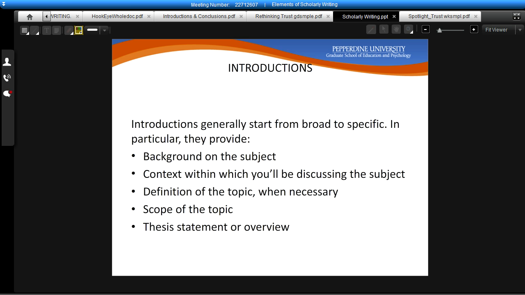A lot of times some of these concepts, especially in your particular division, if it's education or psychology, you might automatically assume that your readers will know what you're talking about. Maybe your instructor does. However, it's important to assume that your reader has no knowledge.